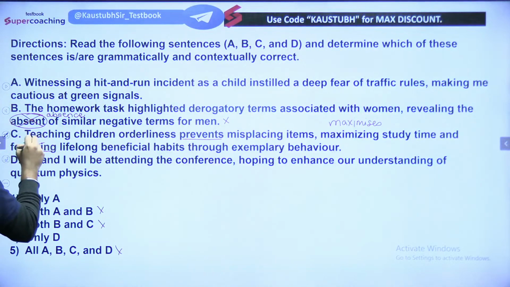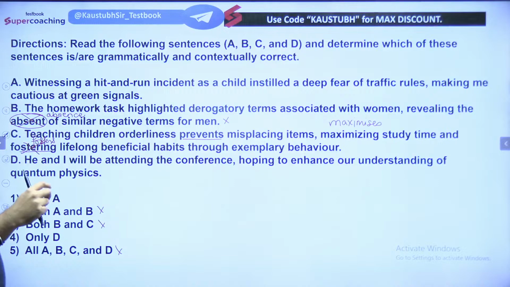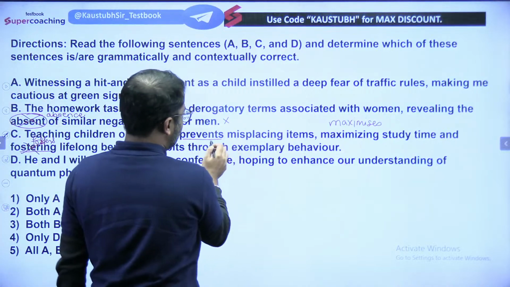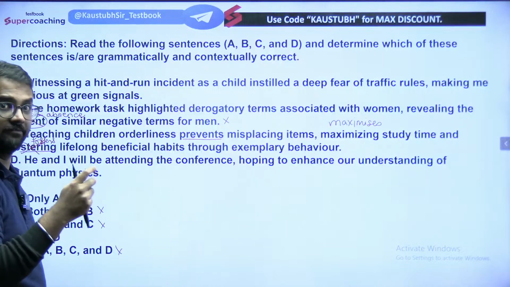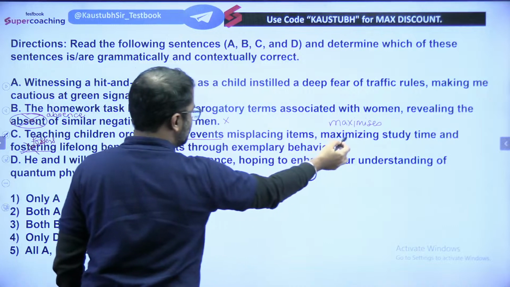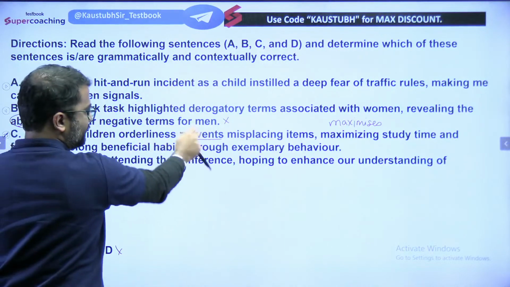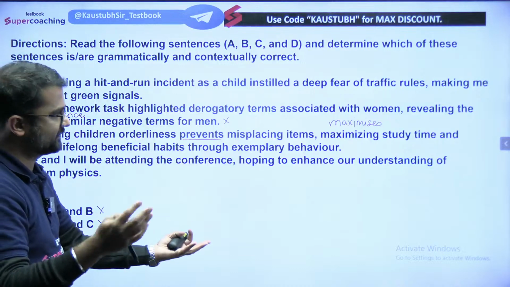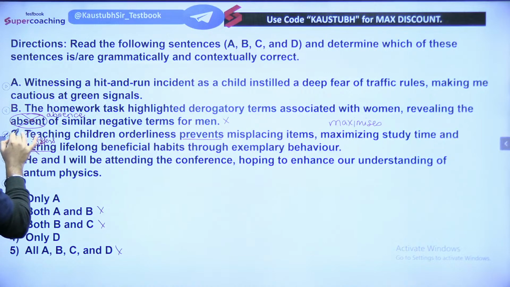Fostering is also wrong, so we will go with fosters something. Because if you write maximizing and fostering, then what it means is it prevents misplacing something and it also prevents maximizing study time, which will be a negative meaning to the sentence. So we don't want that. So we'll convert this into maximizes and we'll convert this into fosters, which will go with prevents. Prevents something, maximizes something and fosters something. Anyway, there is a clear error based on parallelism in sentence number C.